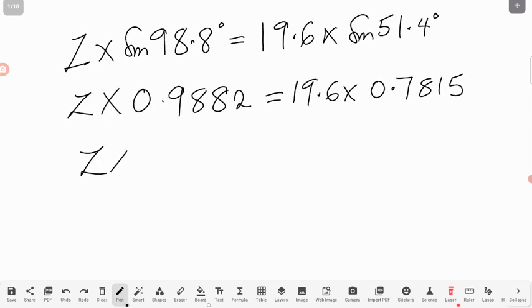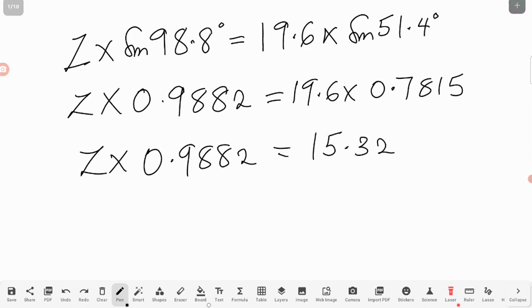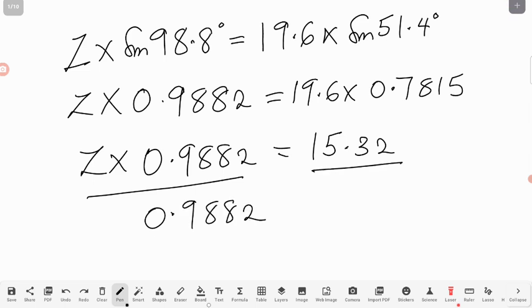Now z times 0.9882, and by the time we multiply the two, we have 15.32. So let's divide both sides by 0.9882.